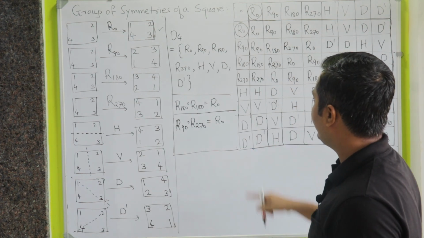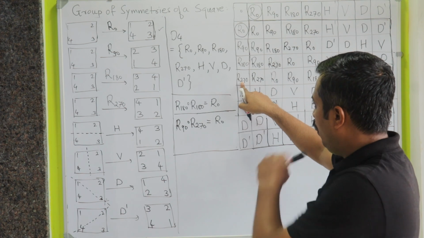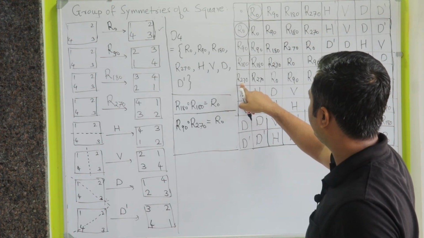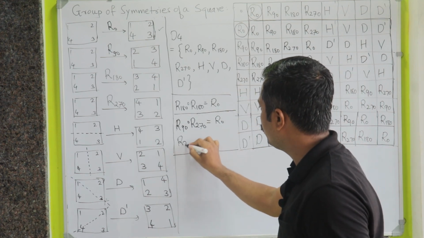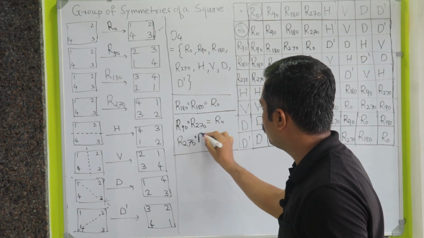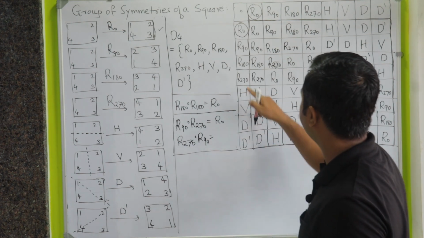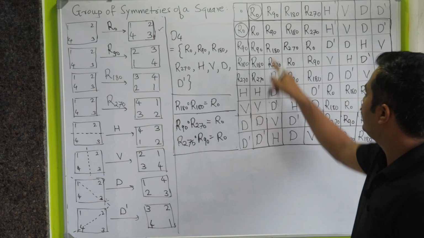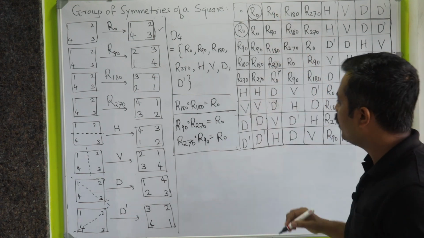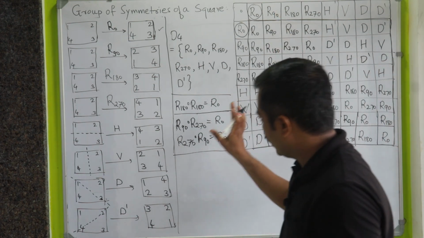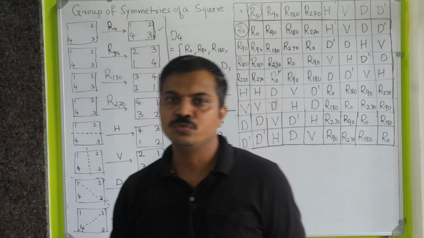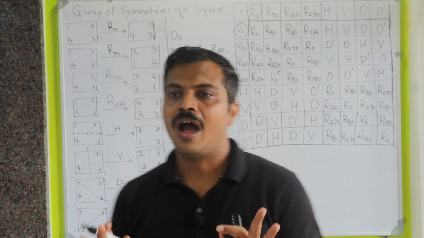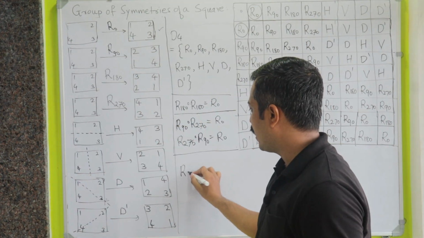Where does R270 lie? Somewhere here. So the composition of that with R90, right? So R270 composition R90, what is that? Yeah, that is also R0, as we can see from the table, right?